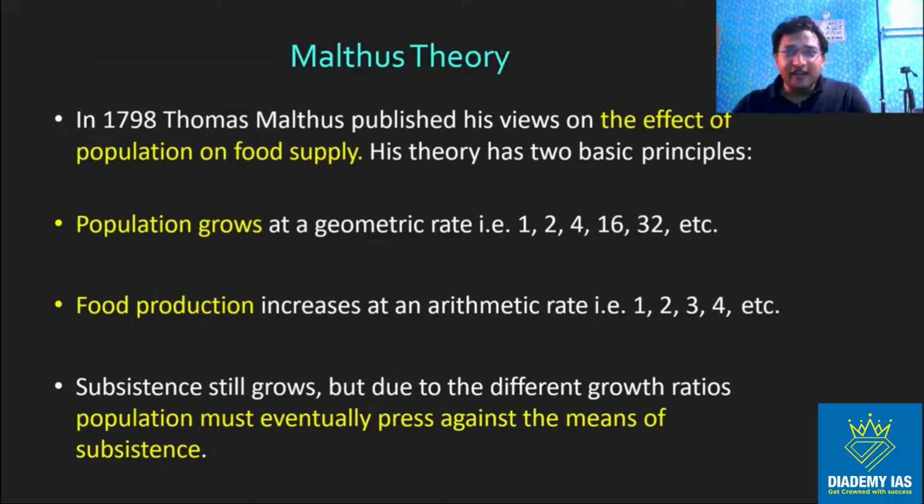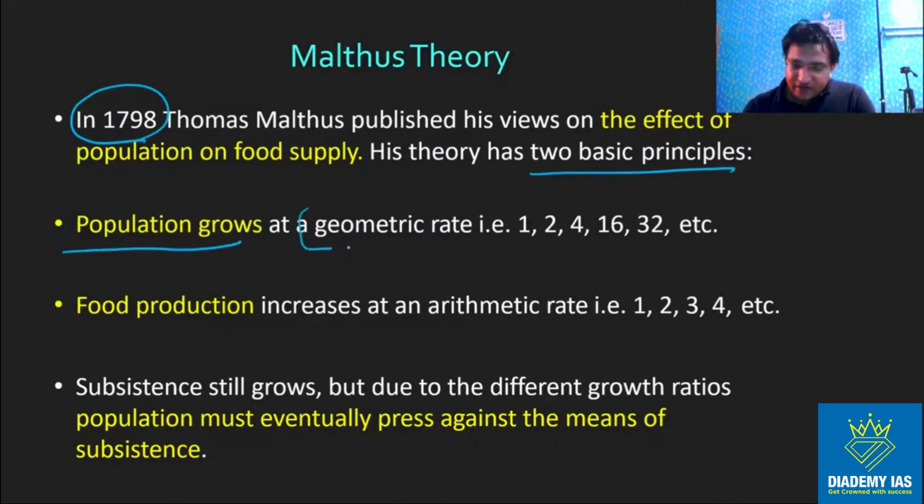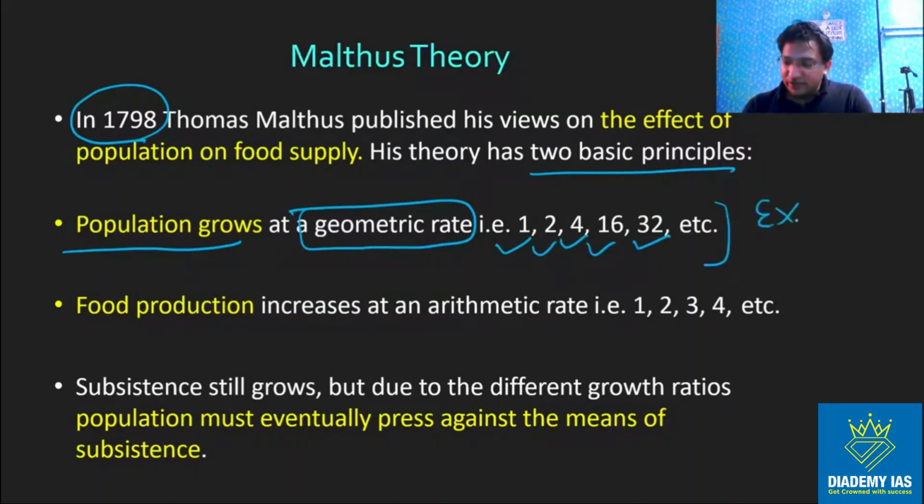So in 1798, he published these two principles, that population grows at the geometric rate: 1, 2, 4, 16, 32. So population is increasing exponentially.